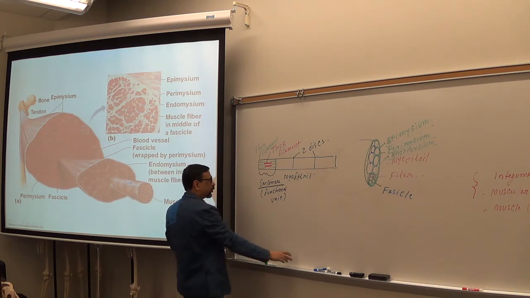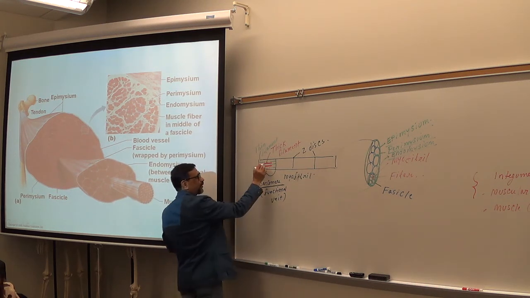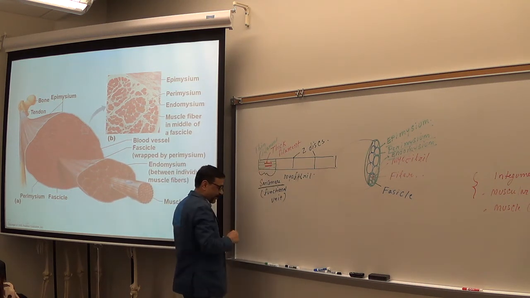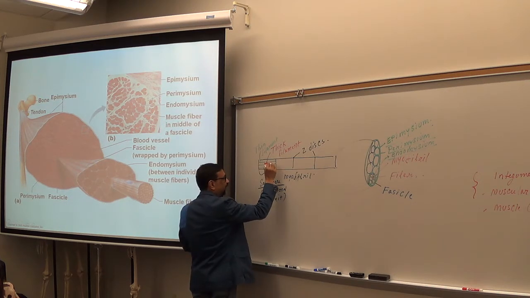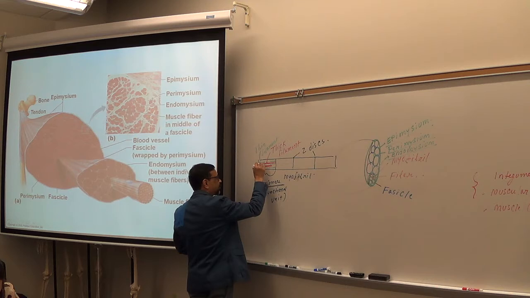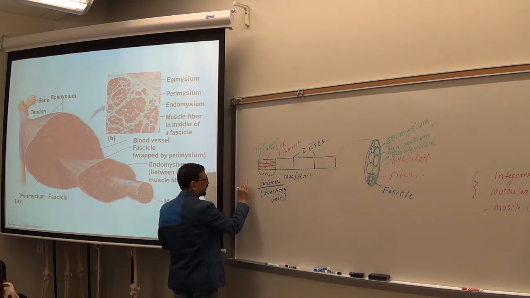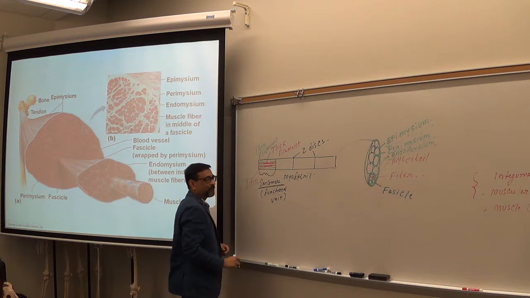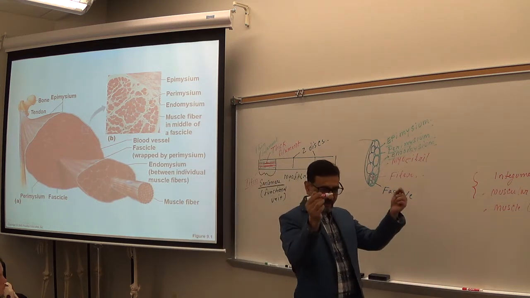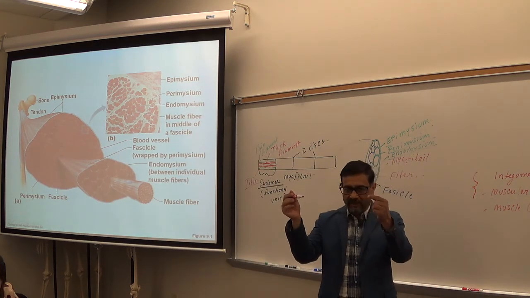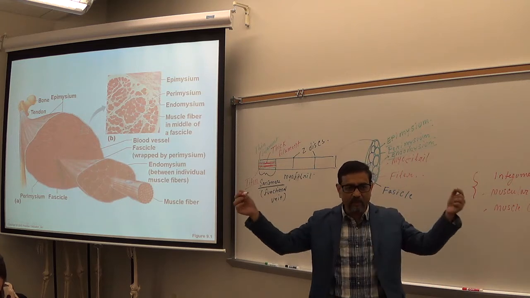Now, how about thick filaments? Thick filaments are attached to the Z disc by a protein spring, a spring-like protein structure, and that is called titin. T-I-T-I-N. So protein springs connect both ends of the thick filament to the Z disc.